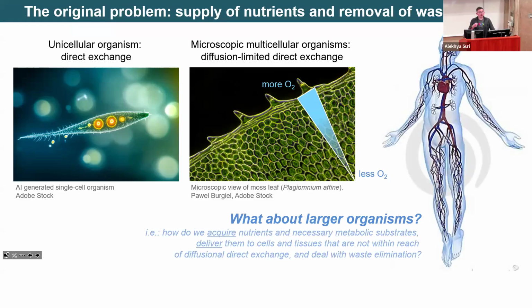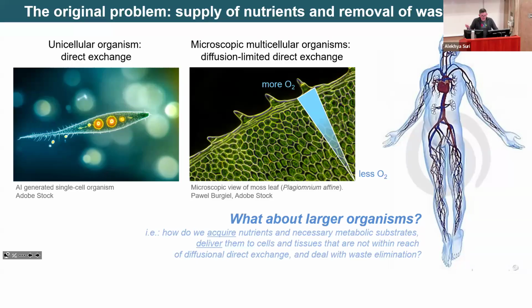We have cells that need the nutrients, but they're not even close to being close, so to speak, to the sources of these nutrients, right? So how do we deliver oxygen to the cells that are in the myocardium, for instance, right? So in cells that are in the really deep places in the heart. How do we deliver oxygen to the cells in the liver, right?